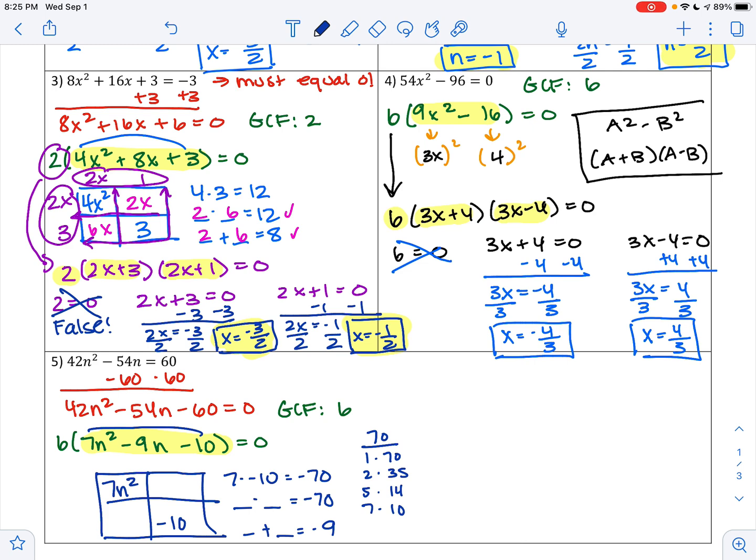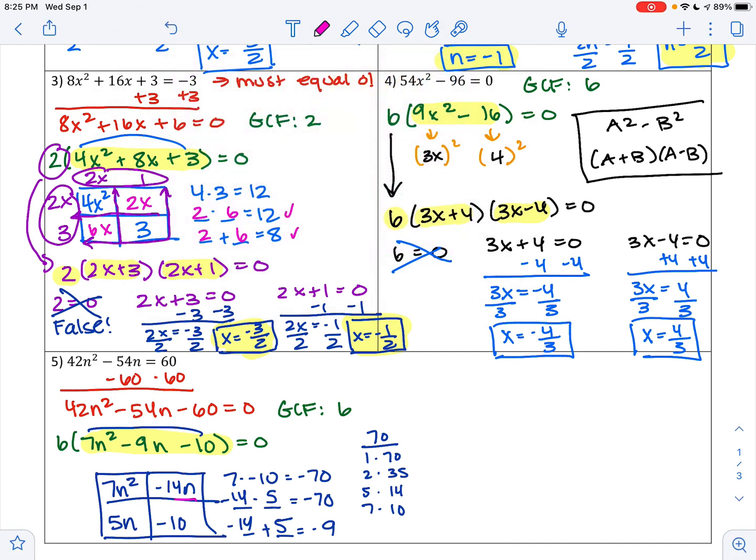So it looks like the factors that are going to work are negative 14 and positive 5. Because negative 14 times positive 5 gives me negative 70, and negative 14 plus 5 gives me negative 9. So those are going to be the numbers that go in the empty spaces of my area model.